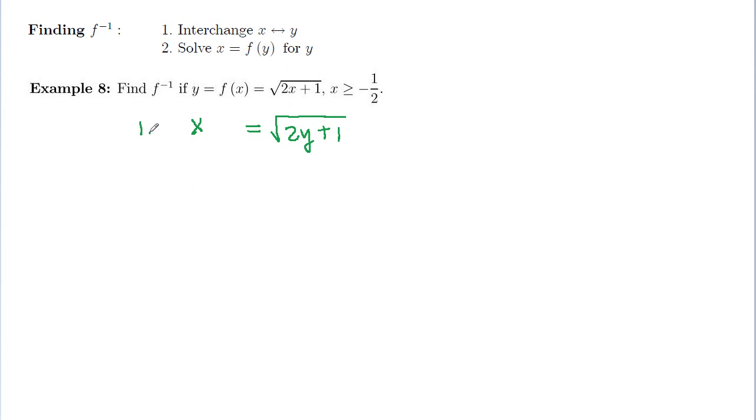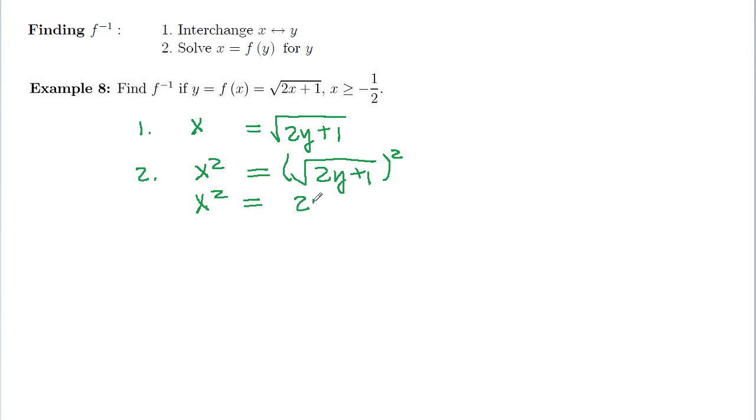So this is step 1, and then step 2. We're going to undo a square root by squaring on both sides. So x squared is going to be the square root of 2y plus 1, quantity squared. And so x squared is going to equal 2y plus 1, since the square and the square root cancel each other out.